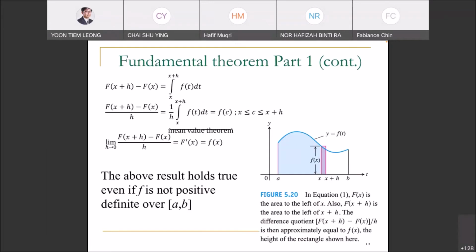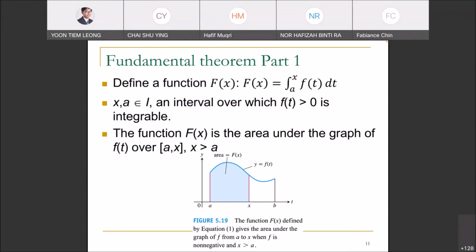So first of all, you just think of a new function, which is F(x).